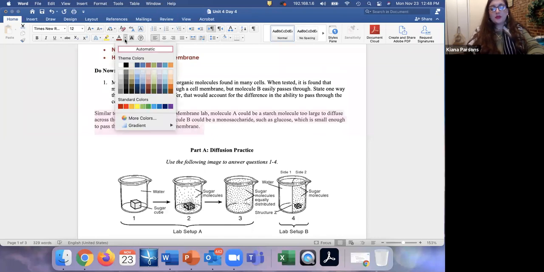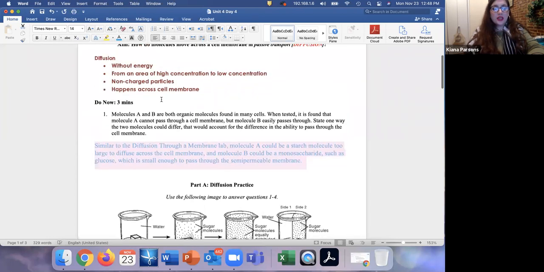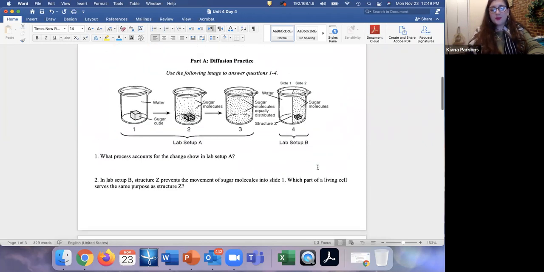And one could also be an ion, right? We just said a few things. There could also be a higher concentration of molecule A on the other side of the cell membrane, so it could not pass through because it would be going against the concentration gradient. There's a lot of different answers, but this is the simplest one.